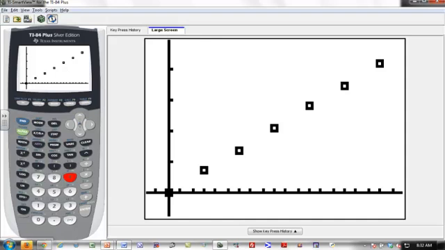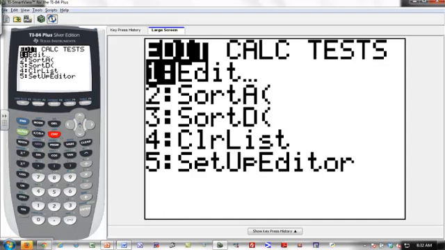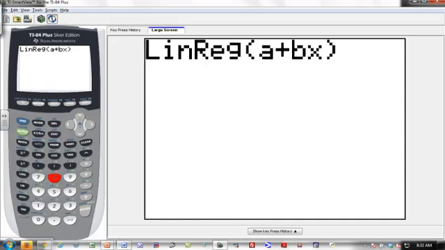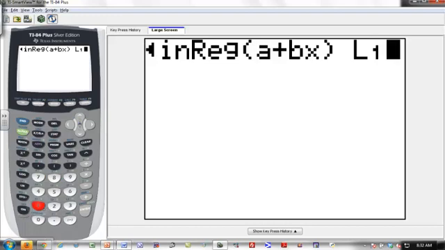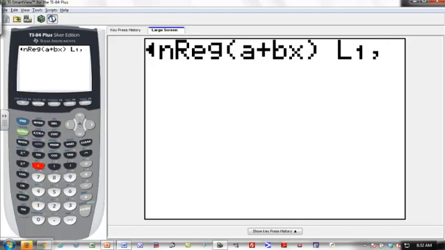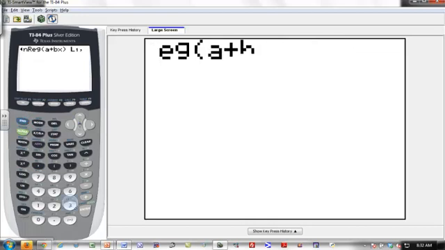Well, let's do a linear regression on the linearized data, the transformed data. Stat, calc 8, L1 comma, and I want to make sure I did this right, L1 comma L3, the transformed data.